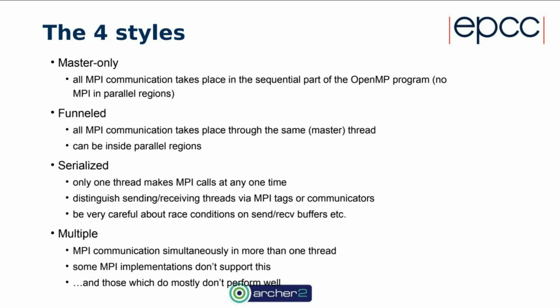And then we have to start being a lot more careful about potential race conditions on the send and receive buffers. And then the final style is multiple, where we allow MPI communications to happen simultaneously in more than one thread. With the caveat that some implementations don't support that, and those which do may often not really perform very well in this style.